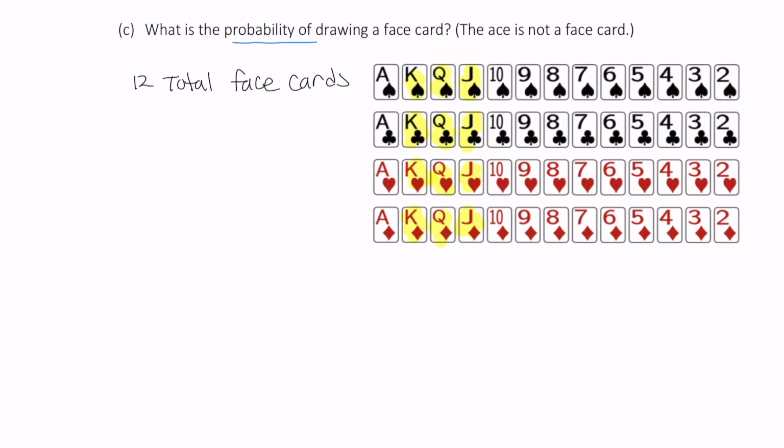Next, let's call the event of drawing a face card event C. I want the probability of C. So the probability of drawing a face card is 12 total face cards possible out of 52. That's 3 out of 13. And this is 0.2308.